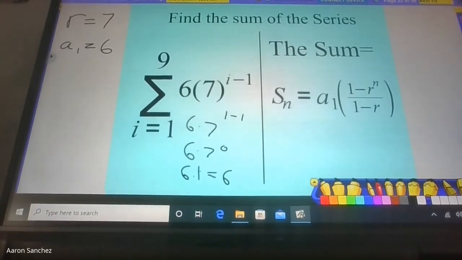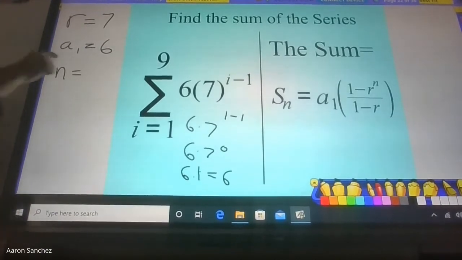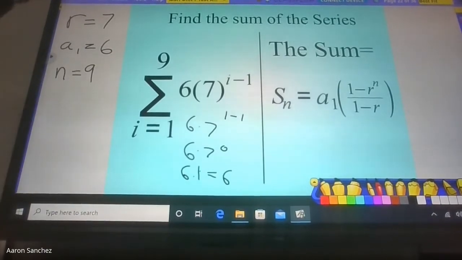Then you just plug in. What is my n equal to? Forgot about that. What's my n equal to? 9. Then you plug in your numbers. A sub 1 is 6 times 1 minus r, which is 7, to the 9th power, all over 1 minus 7.